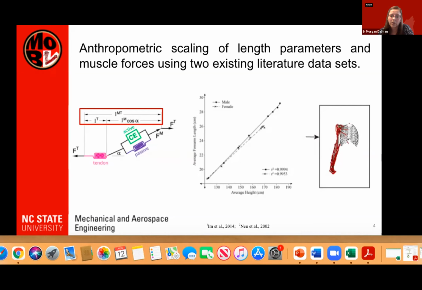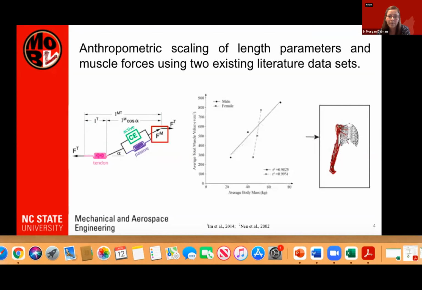The OpenSim scale tool, however, does not scale the max isometric force of the muscle or actuator when it scales the length. Thus, we had to create an additional linear regression between average body mass and the total shoulder muscle volume to calculate the max isometric force. The MIF, or max isometric force, was scaled using these linear regressions and applied to both males and females.